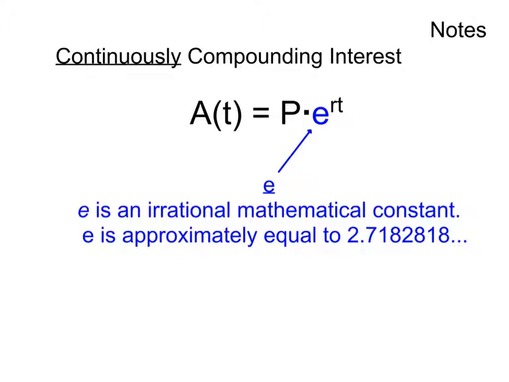It comes up so often, just like pi is an irrational mathematical constant that comes up a lot. e comes up so often that it also has a button on your calculator. Many calculators actually have the button. They don't even bother putting an e button on a lot of them. They'll actually have an e to the x button.